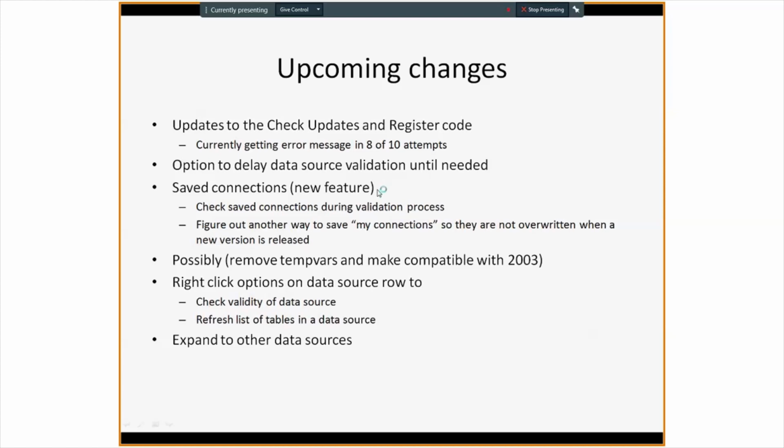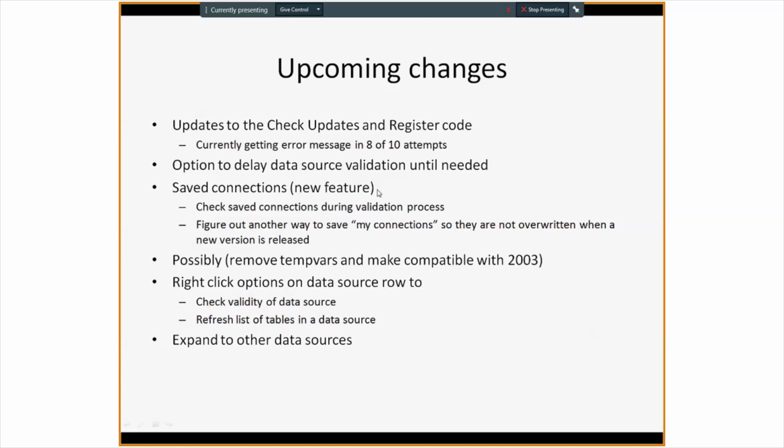So I'm looking at ideas for how to do that, whether I put those in the registry, or in a text file that allows the user to identify where they want to put that text file. And if I do either of those things, I'll probably add encryption to it so that those user IDs and passwords are encrypted. I'll probably do that anyway, even if the user selects to continue to store the data in that local table that's in the link table manager.